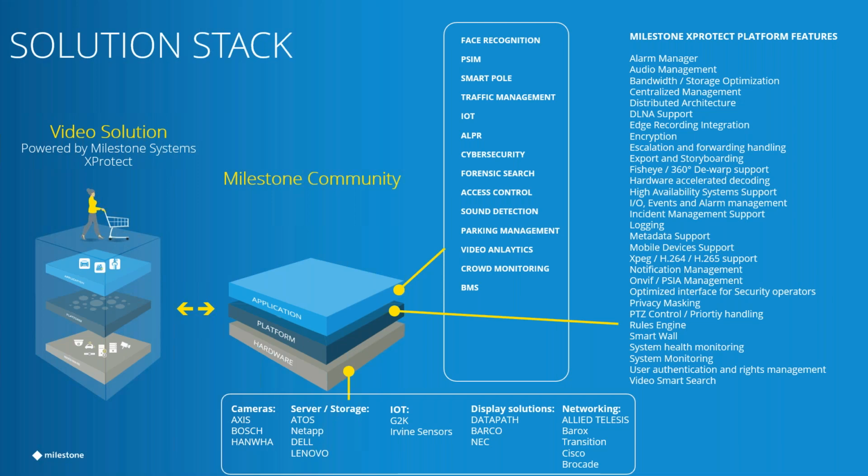The bottom layer, the hardware layer, that's where our hardware partners, the camera partners, the devices, the IoT sensors, network, recorders, hardware, video storage, all these partners come in to supply the platform for us to run our applications.